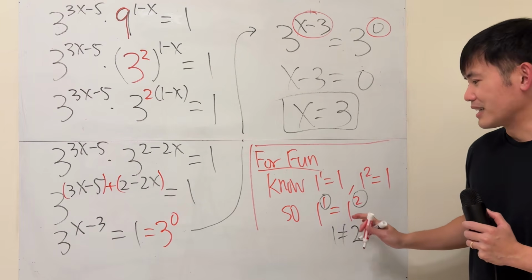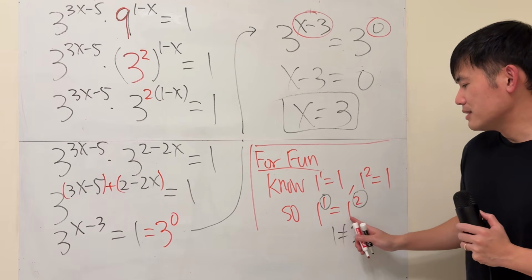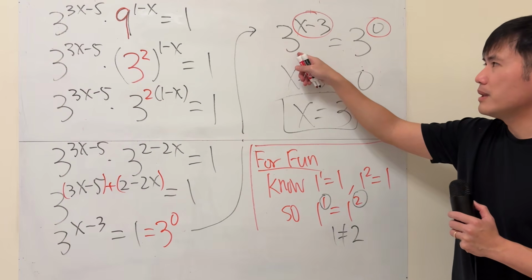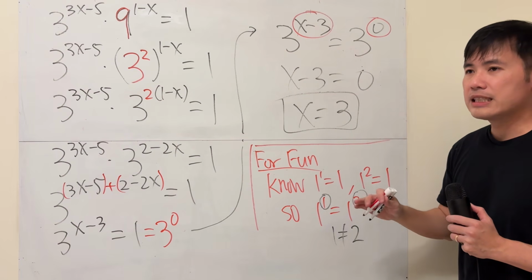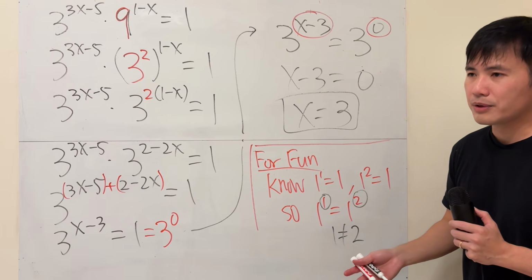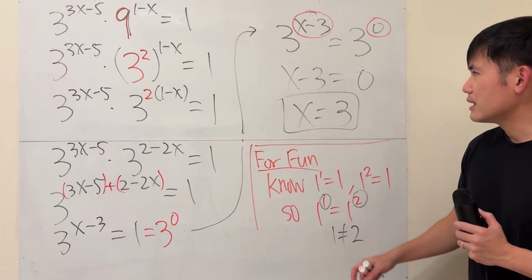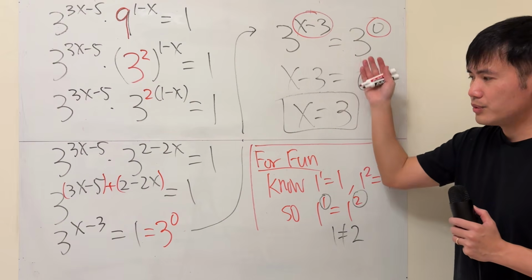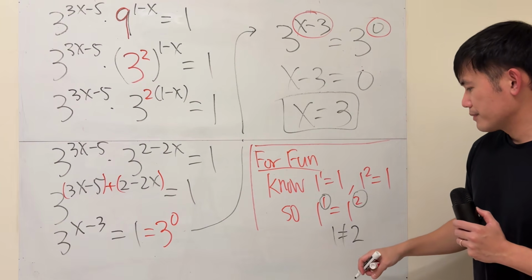No. Don't do it like this. When the base is 1, you cannot do it. But when the base is a non-1, then yes. And it has to be positive, not 1. And sometimes if it's negative, it's also troublesome, so don't talk about negative. But this is legitimate. When the base is 3, perfectly okay. So yeah, don't do this.